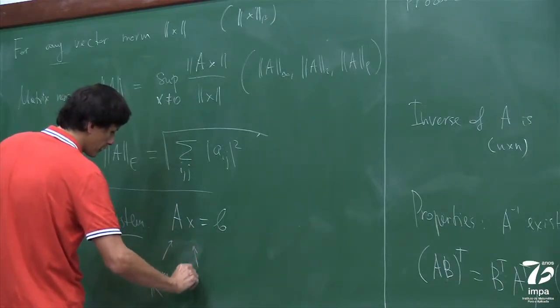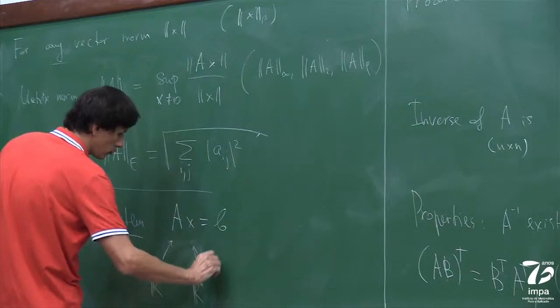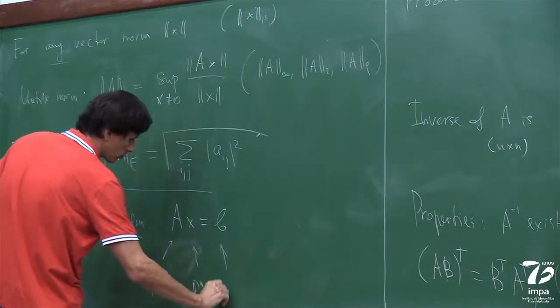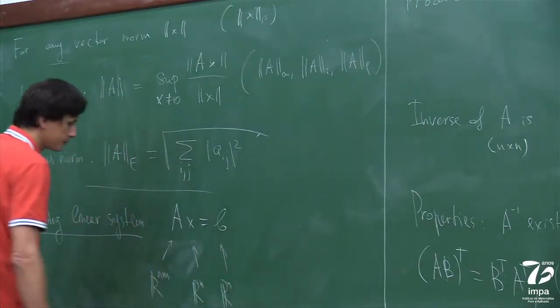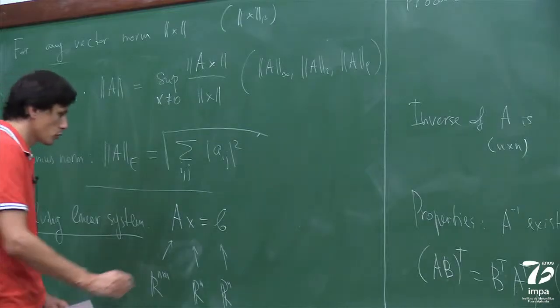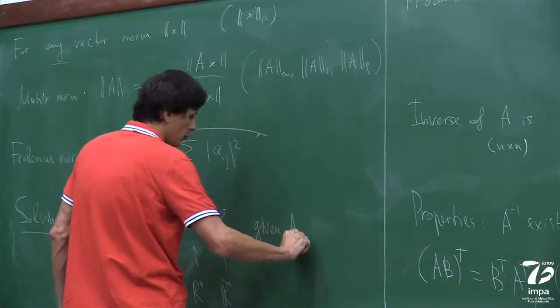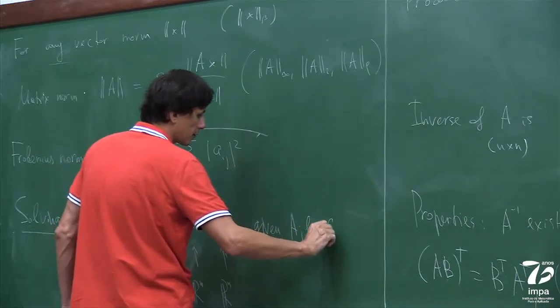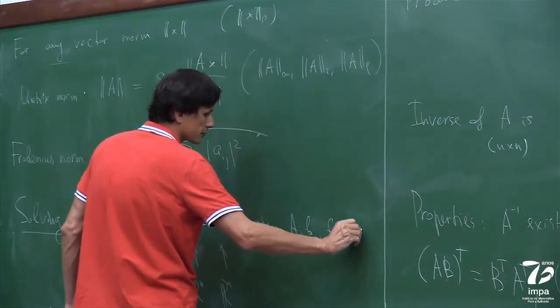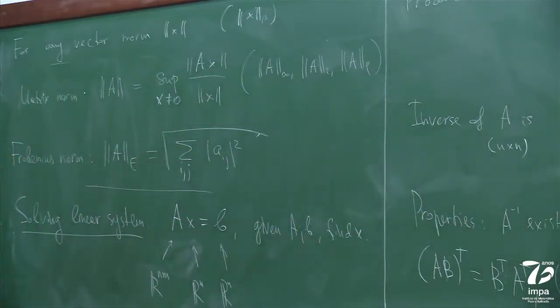X will be a real vector with n components. B is a vector with n components. So given A and B, find X. This is the problem, a linear system of equations.